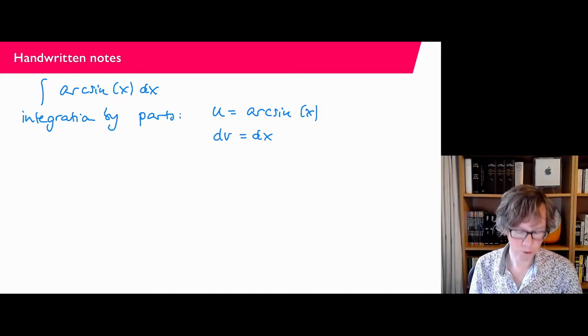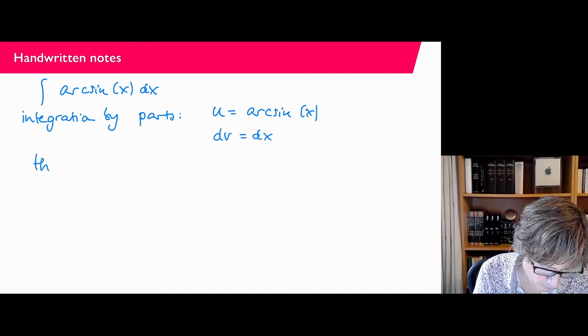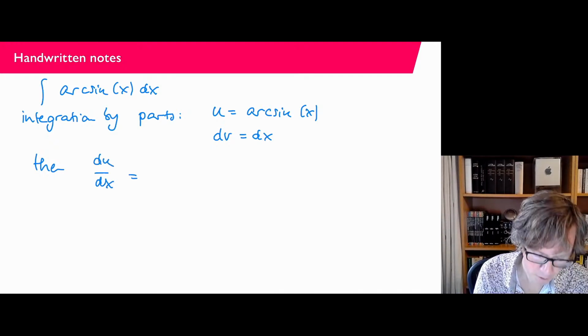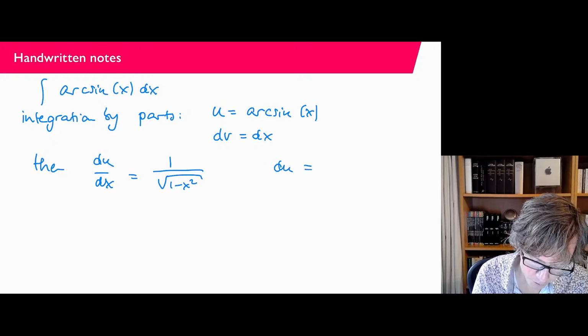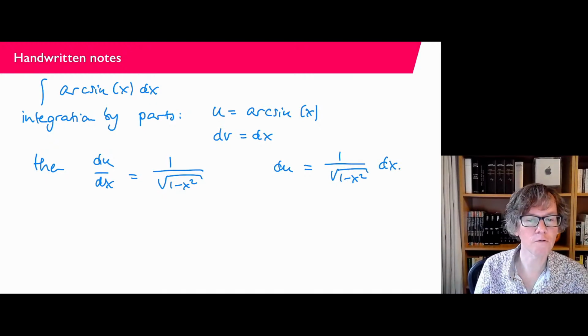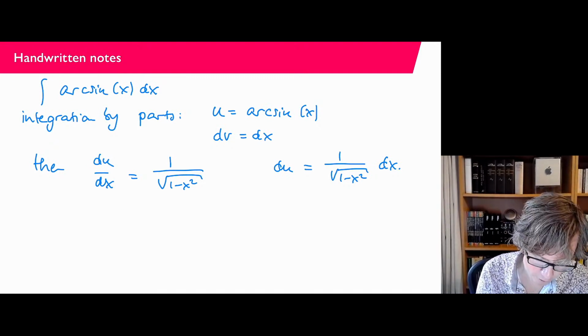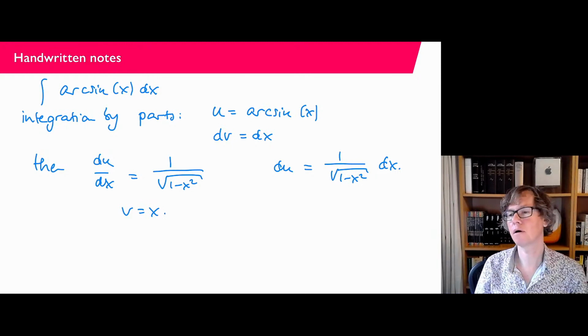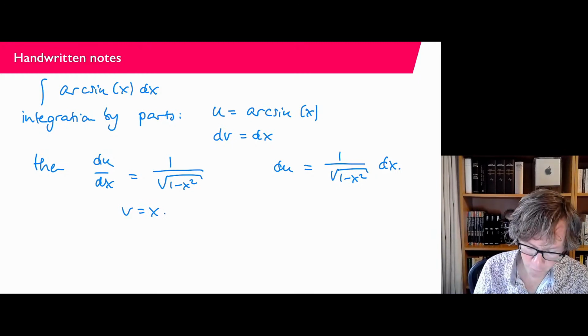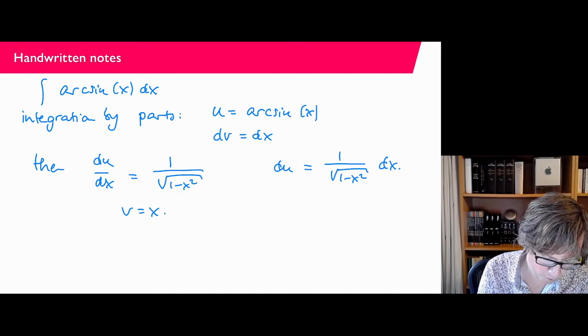So with these choices, you find then that du/dx is 1 over square root 1 minus x squared. So du is 1 over square root 1 minus x squared dx. And for v, you can choose v to be x. So you can choose how you remember the formula for integration by parts.